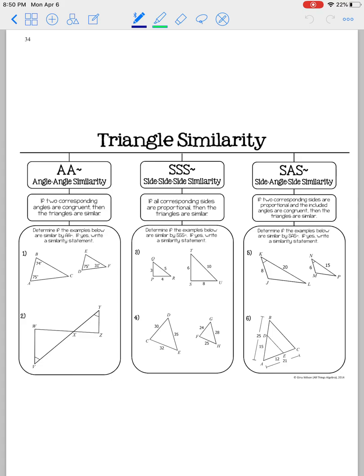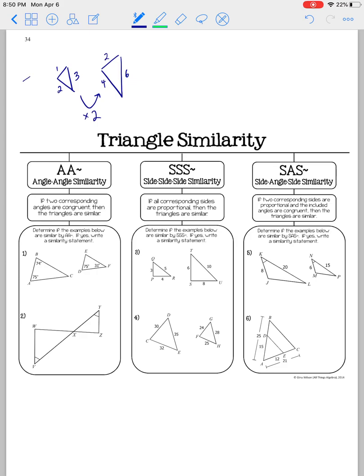For example, if we have a triangle that has one side that is 1 unit, one side that is 2, one side that is 3, we could have another triangle that is 2, 4, and 6, meaning it's the same shape. This one is just expanded by a scale factor of 2.